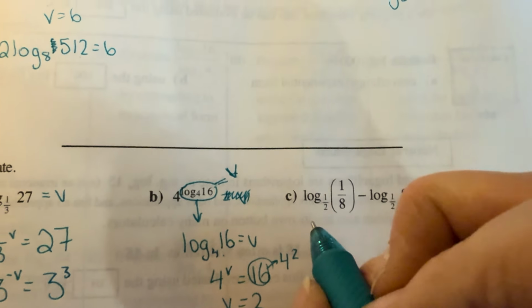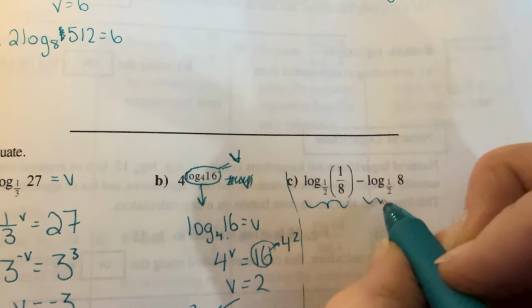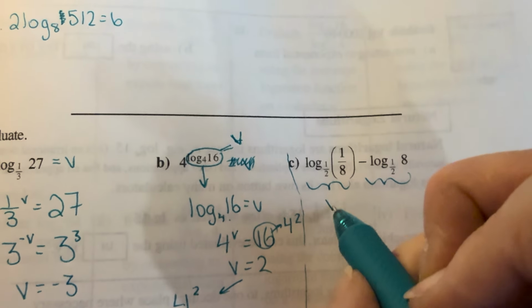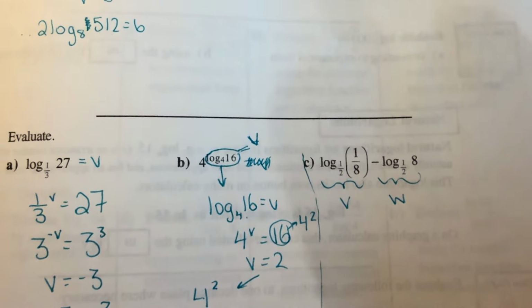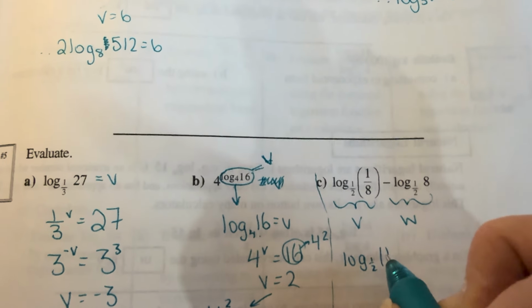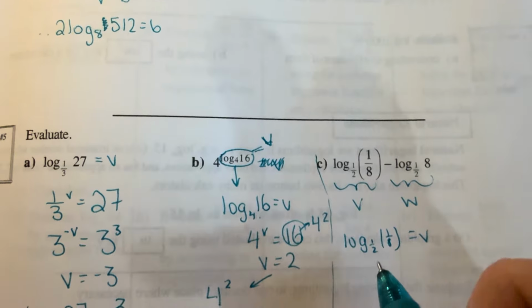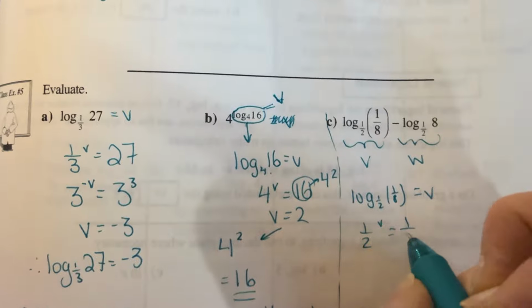So each one of these we're going to set equal to, so let's set this one equal to v and this one equal to w. So then this one first, log base 1/2 of 1/8 is equal to v. 1/2 raised to the power of v is equal to 1 over 8.